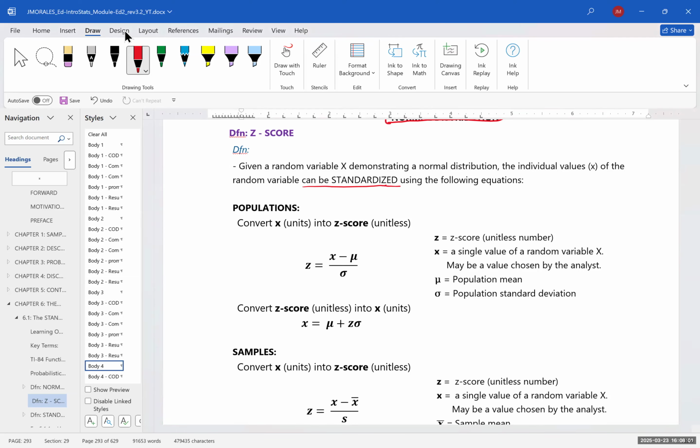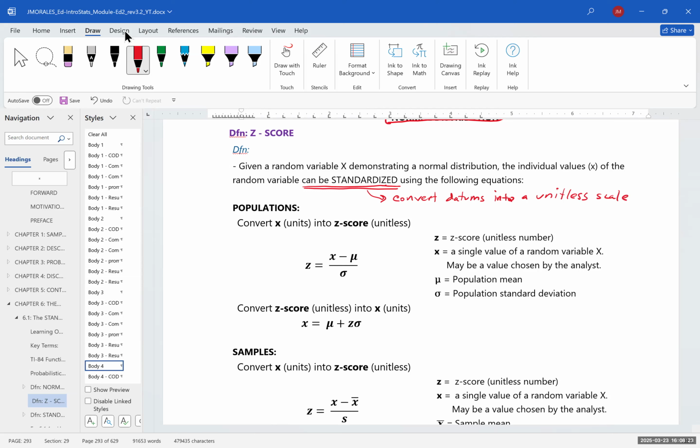So what we mean about being standardized is this means we're going to convert datums into a unitless scale.